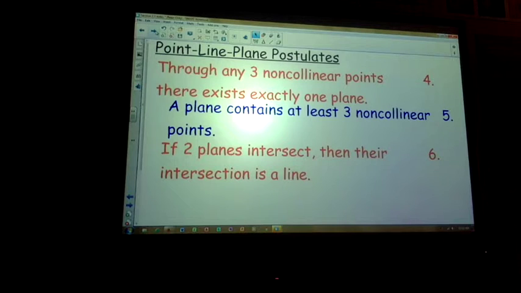A plane contains at least 3 non-collinear points. If 2 planes intersect, their intersection forms a line. So if you think about the wall and the ceiling, they form a straight line as they go through. So again, these are postulates that we'll use towards our proofs.